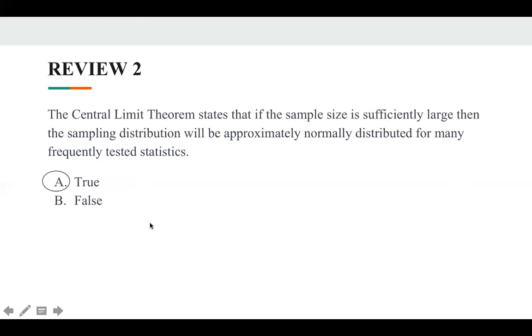Okay, good. That is true. Just remember that as sample size increases, the more normal your distribution will look.